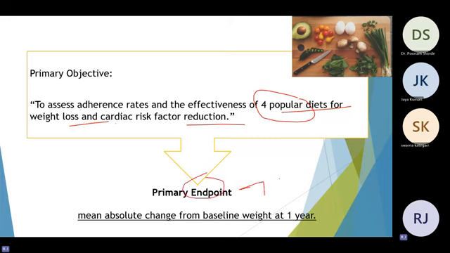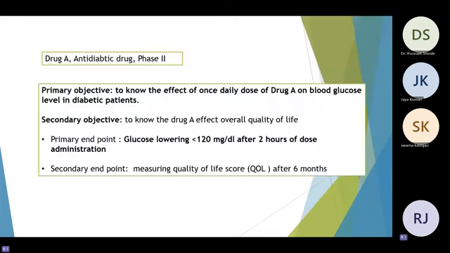Now understand, right? Let's see one more example. We are testing drug A, which is an anti-diabetic drug, in a phase 2 trial. Our primary objective is to know the effect of a once daily dose of this drug on blood glucose level in diabetic subjects.